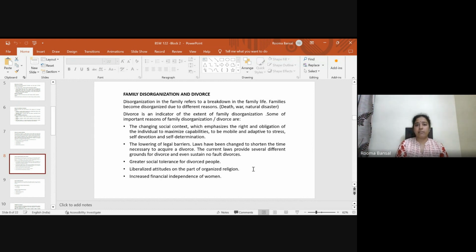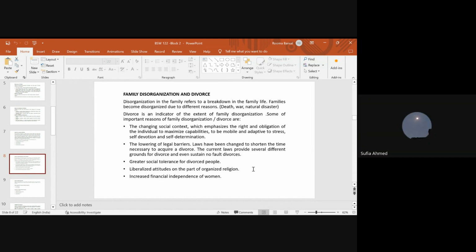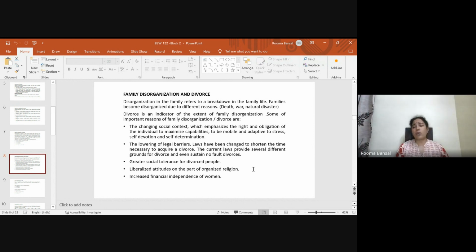These kinds of reasons were there. But nowadays, there is no fault divorce. It means they are not ready to stay with each other and they are getting separated without any fight, and law is providing for it. Just for not having the same choices. They do not have the same hobbies, they do not have the same passion, they do not have the same field of working.